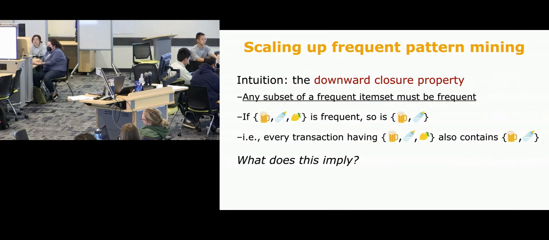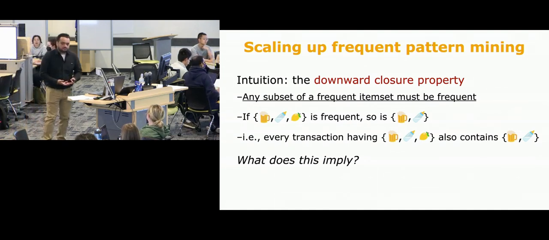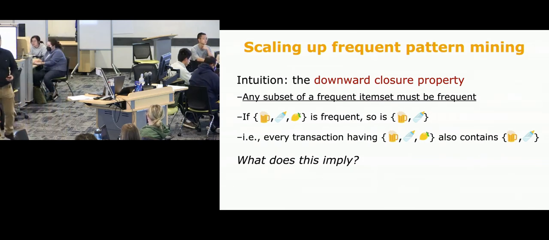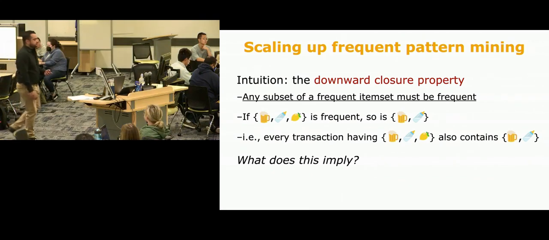So the number of times milk and beer occurs has to be at least as many times as milk, beer, and lemon occur. It cannot be less than that because it's a subset of it.